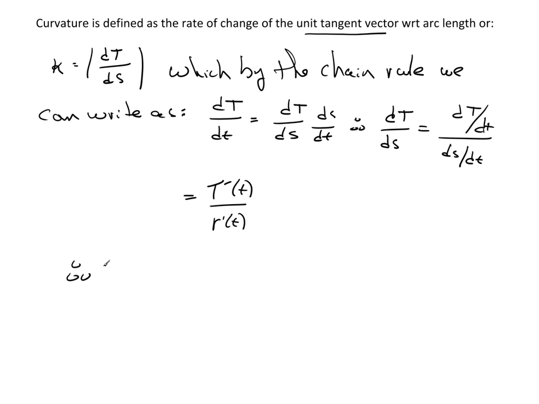Therefore, kappa, the curvature, is equal to the magnitude of T prime of t over the magnitude of r prime of t. So this gives us a way that we can actually find the curvature at a specific value of t.